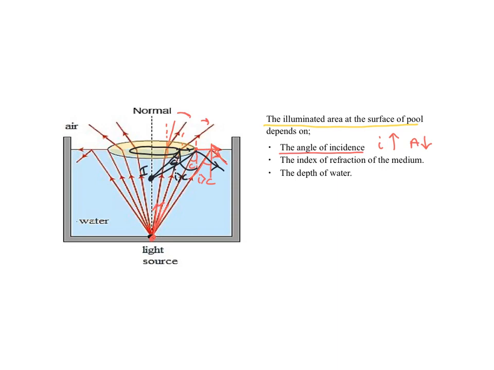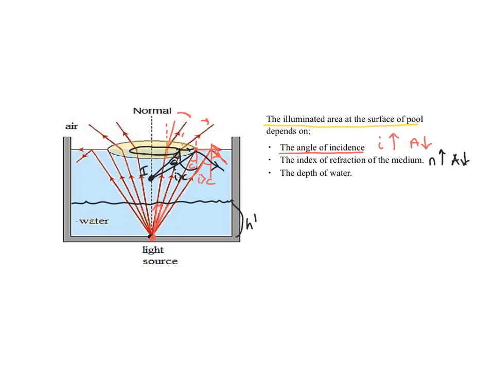The second one is the index of refraction of the medium. As the index of refraction of the medium increases, again the refraction will be more, so the illuminated area will be less. The depth of water, let's say the depth of water is a little less. Let's be here.